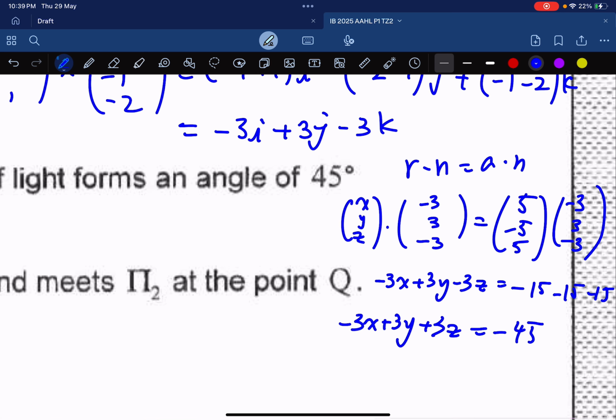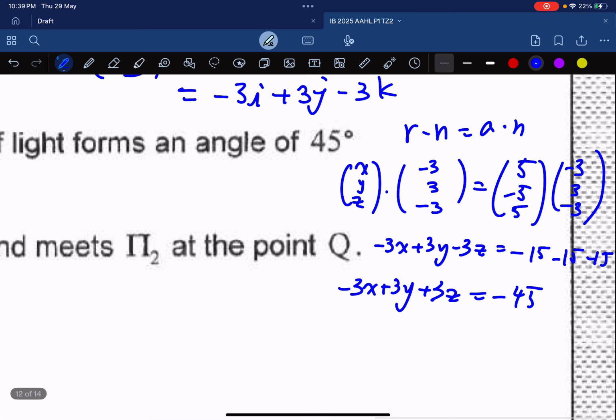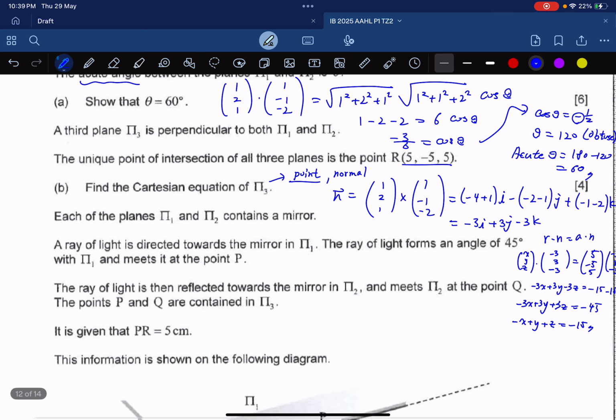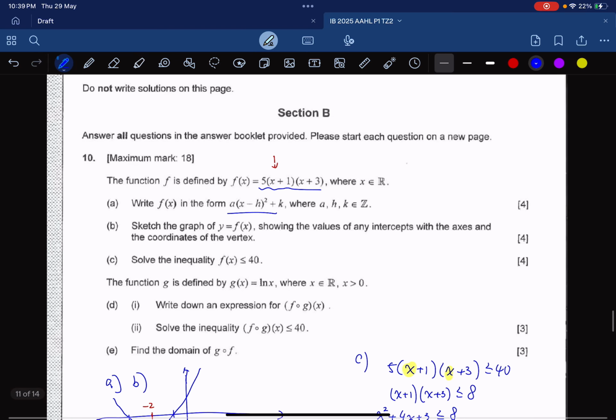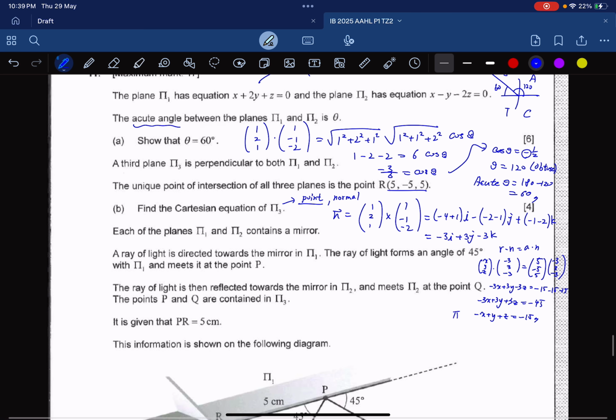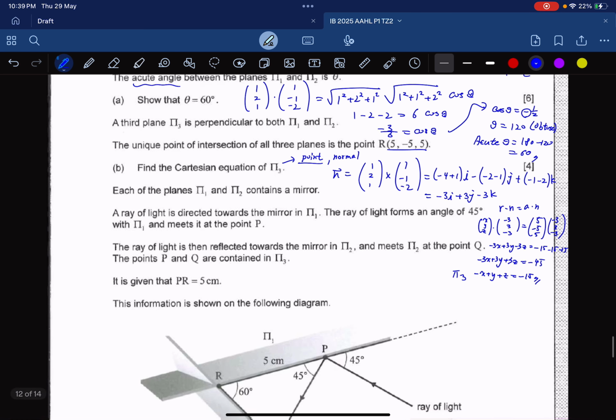So minus 45. Okay, divide everything by 3, then we have -x + y - z = -15. Okay, just in case. This is also a part that we'll check later. So therefore, we save a lot of time from question 10 for us to check part B later. So this is plane 3.